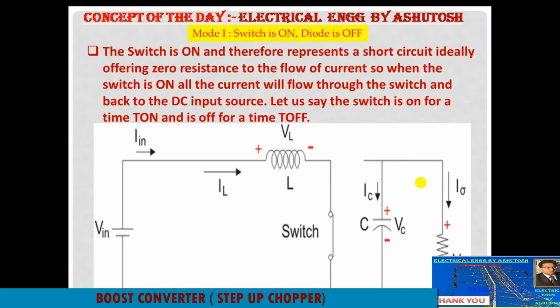So see here what happens in mode 1, when the switch is on, the diode is off. When the switch is on, this switch acts as a short circuit and the diode is reverse biased in this mode, so it does not conduct. The rest of the circuit from the diode is disconnected.